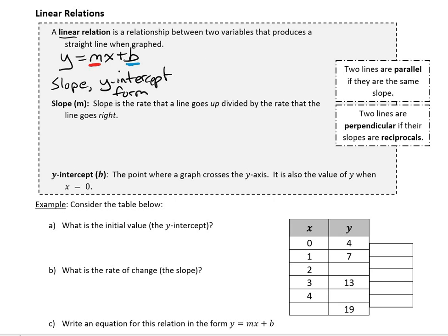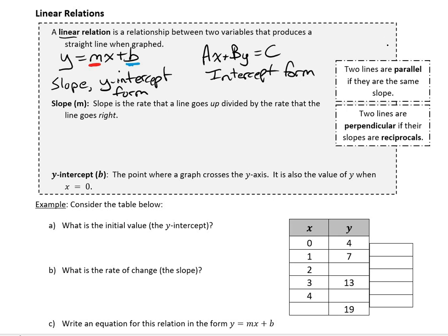We're also going to use the form ax plus by equals c, which is called the intercept form. And we'll see that in a little while when we get to it.